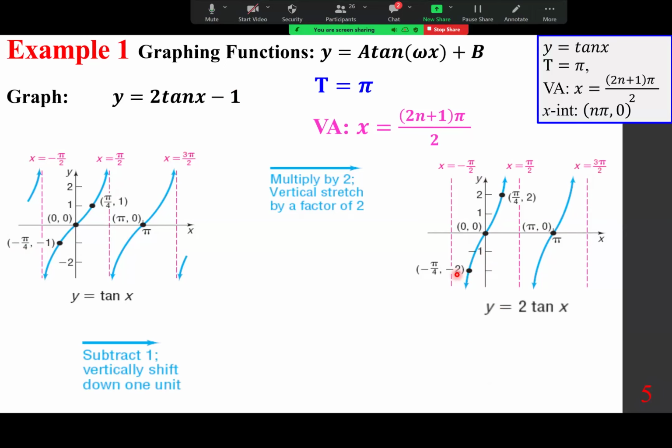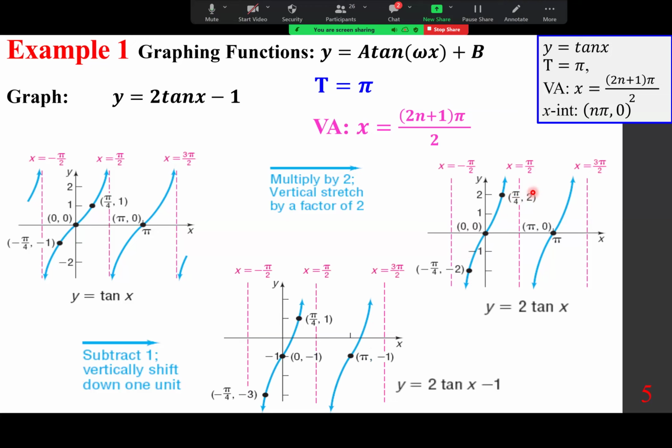(Negative pi over 4, -2) comes down to (negative pi over 4, -3). (Pi over 4, 2) becomes (pi over 4, 1) because it comes down by 1. And that's the graph of 2 tan x minus 1.